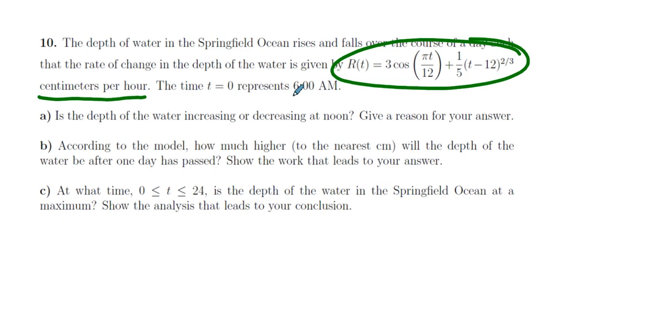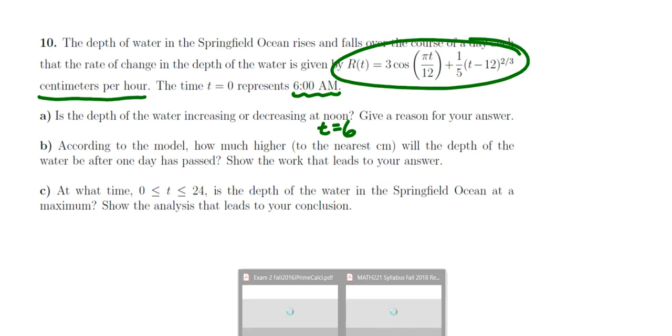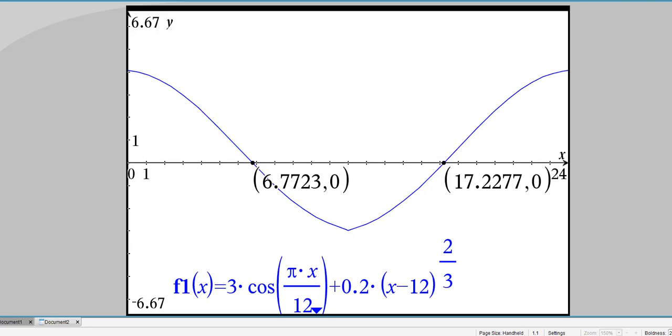Well, time equals 0 is 6 a.m. So noon is time equals 6. I took the liberty of graphing this function for you. This is the graph of R of t. R of t is positive through 6.772, and then R of t is negative till 17.228, and then R of t is positive again.